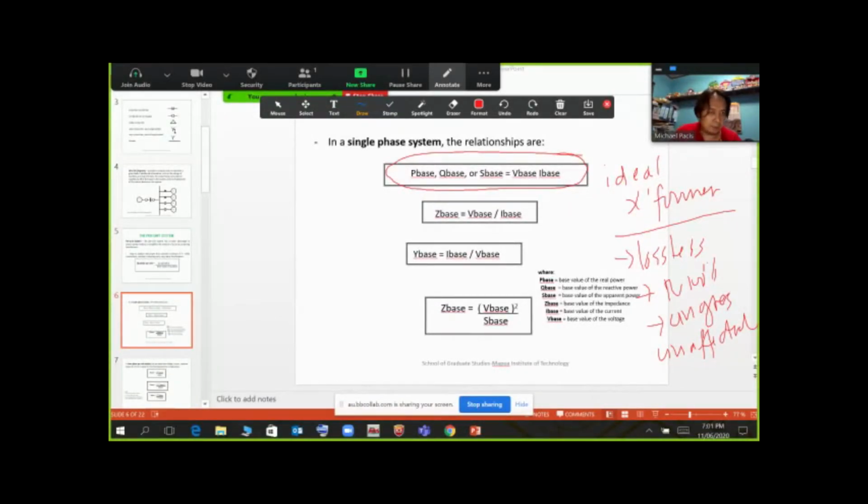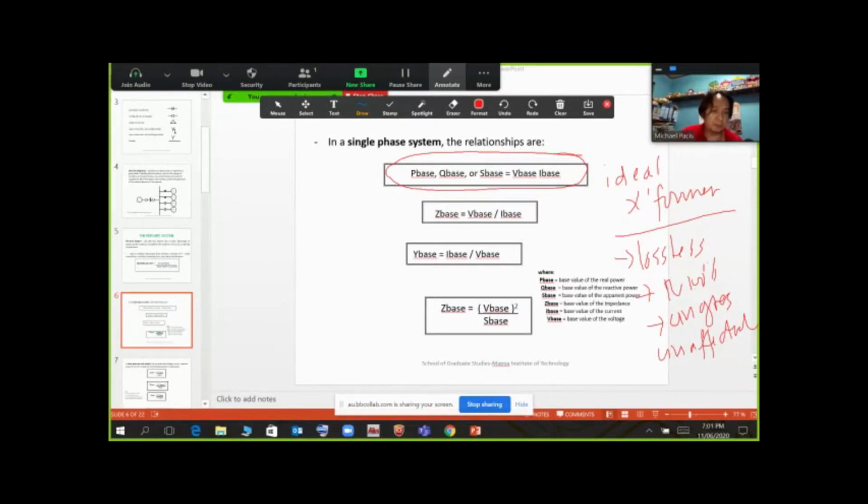So that's why the power base, the Q base and S base, is simply equal to V base times I base. So there's no cosine or sine angle, simply because we are considering all of the transformers along the power system as ideal.